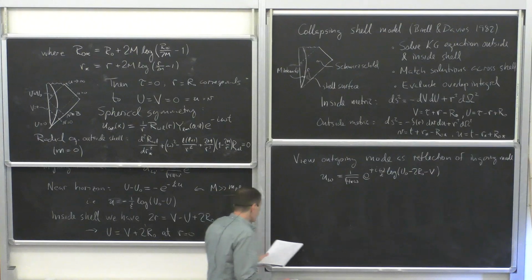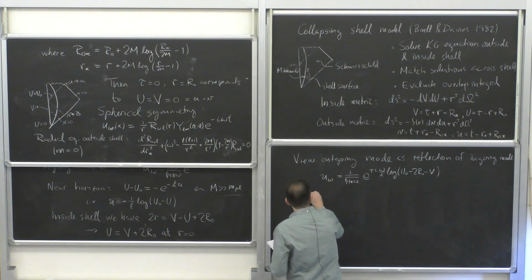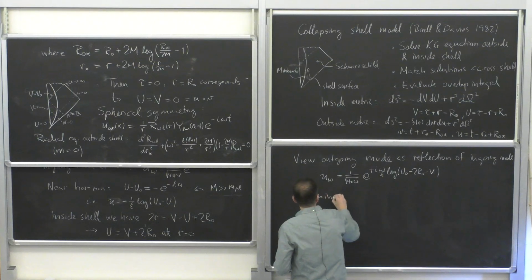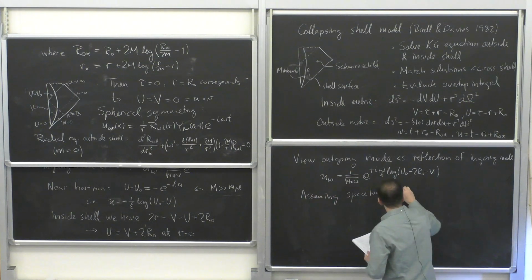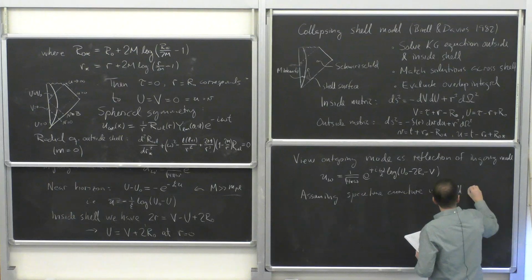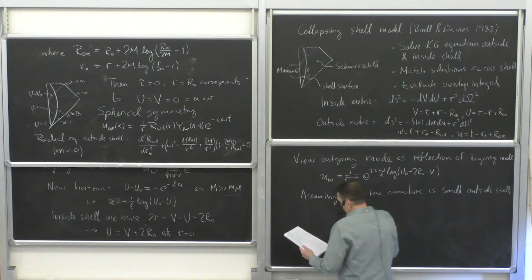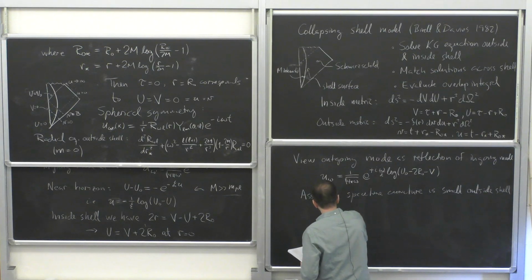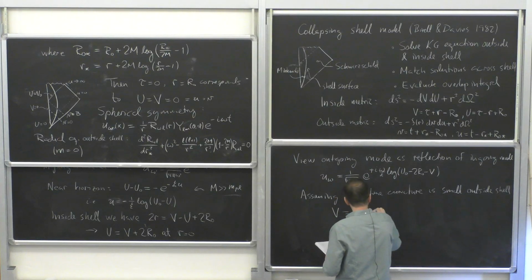So assuming spacetime curvature is small outside the horizon, or in this case, outside the shell, capital V can just be written as v plus some constant.